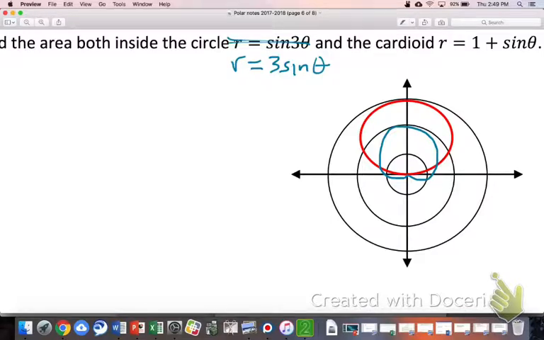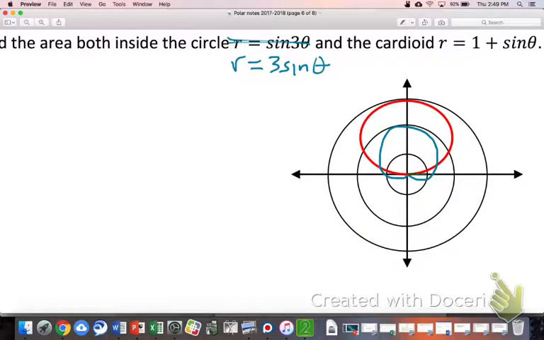Okay. So here's what I would try to help you visualize. The first angle I'd think about is, what if we were facing straight right? Is that angle going to be part of our region if we were facing straight right?